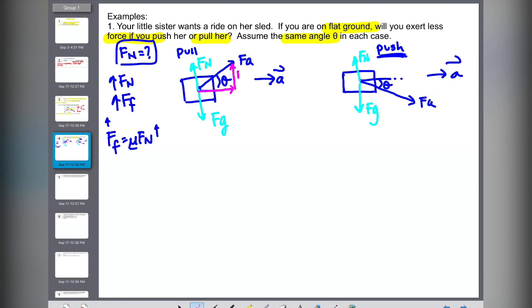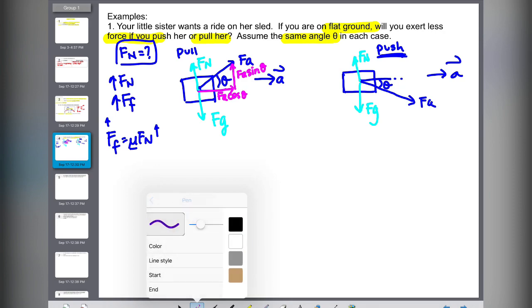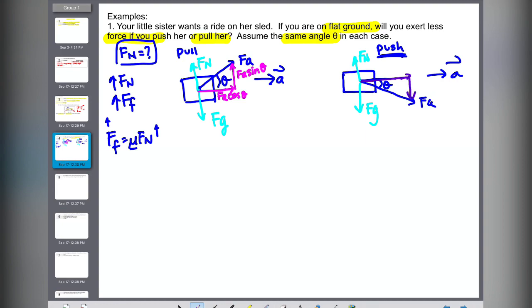The y component, because it's opposite to angle theta, is Fa sine theta. This is Fa cos theta. Same thing in the other situation, I have x and y. The y that is going downwards is Fa sine theta, and Fa cos theta. Okay, let's analyze the forces along y.